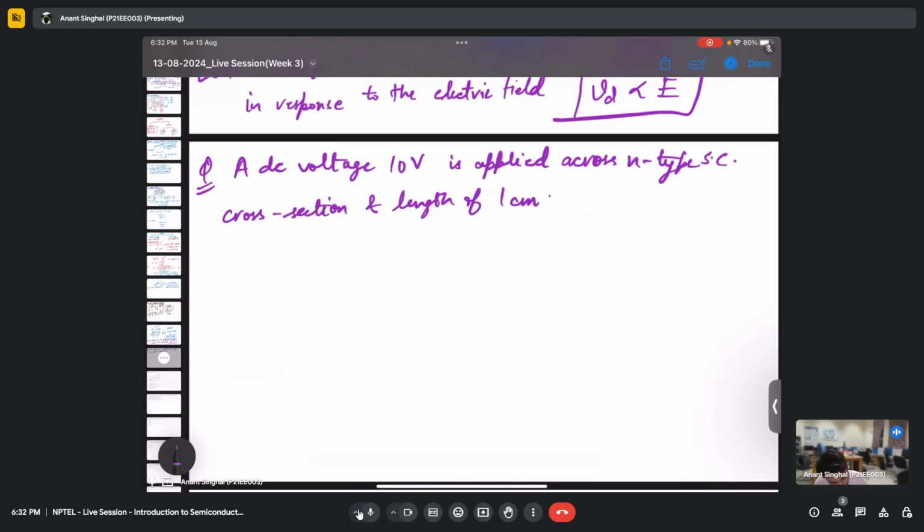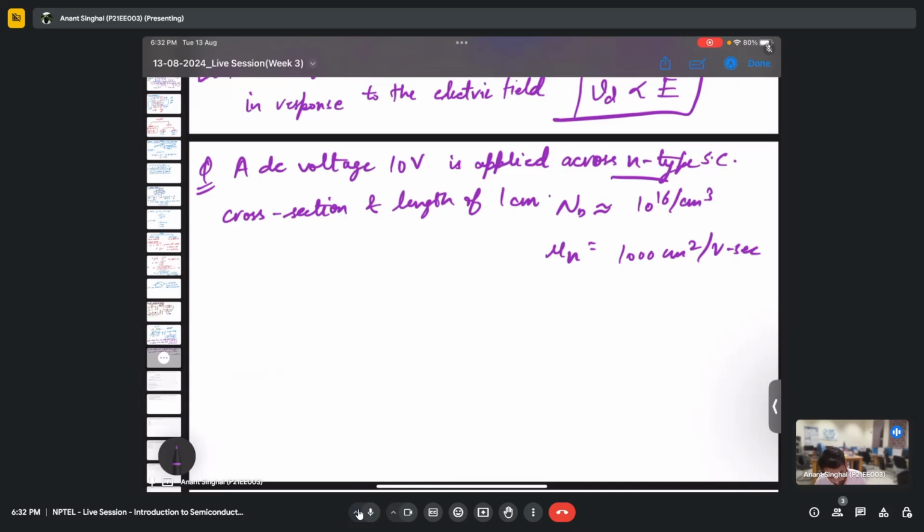Then we have donor type impurities, because we have an n-type semiconductor. So Nd is 10 raised to power 16 per centimeter cube, and the electron mobility is given as 1000 centimeter square per volt second.